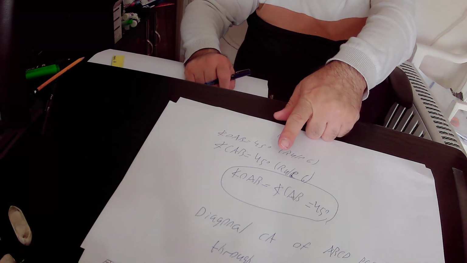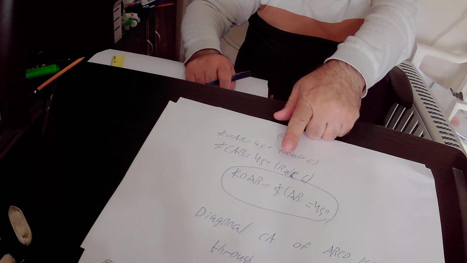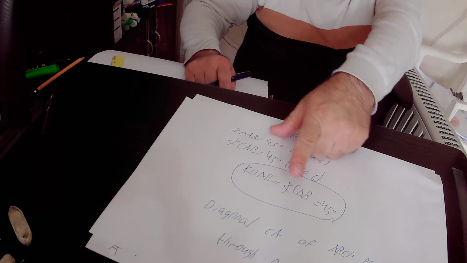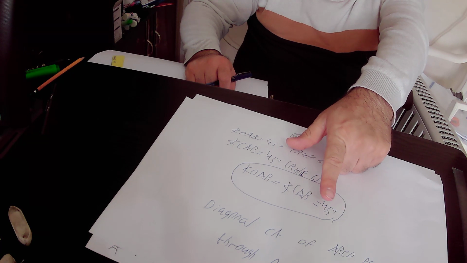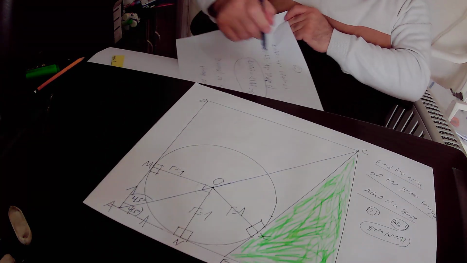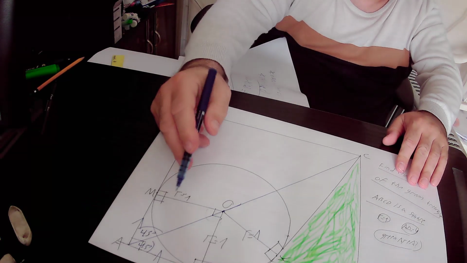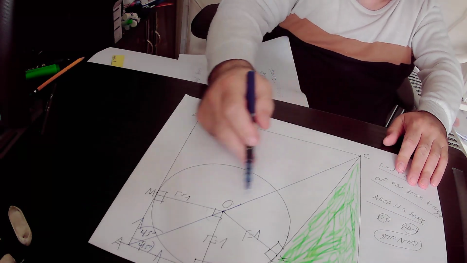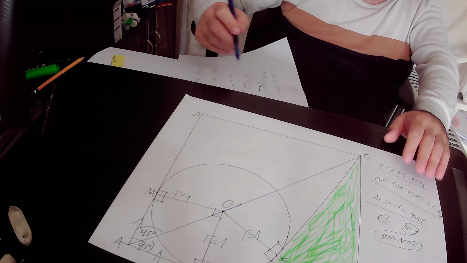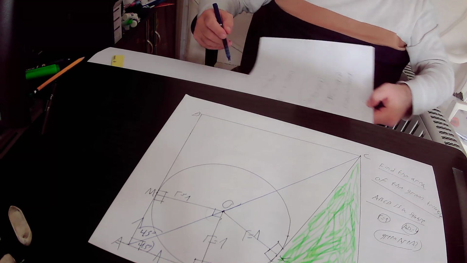From the fact that angle OAB equals angle CAB, we will conclude that diagonal CA passes through point O. Okay? The diagonal CA of the big square ABCD passes through point O.